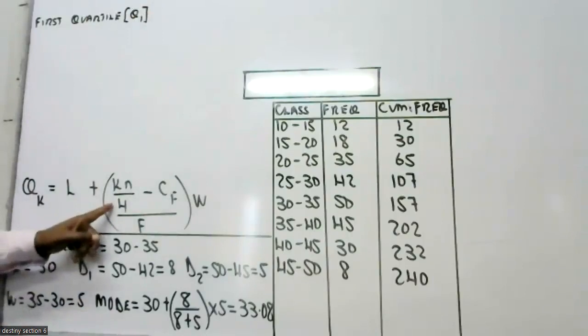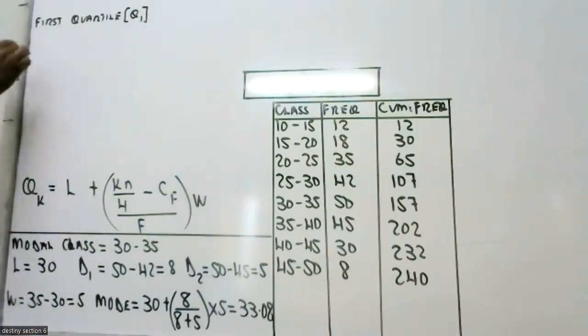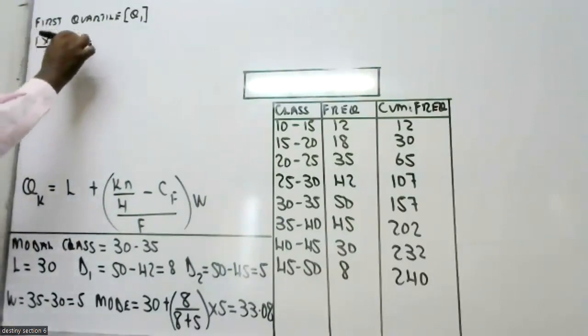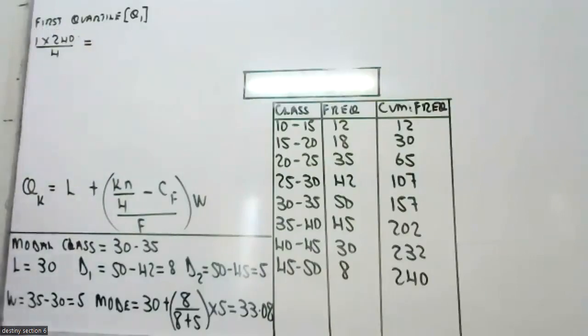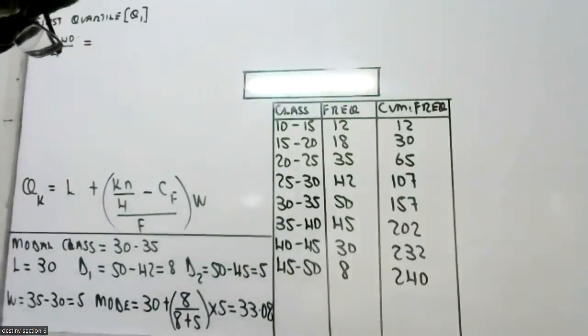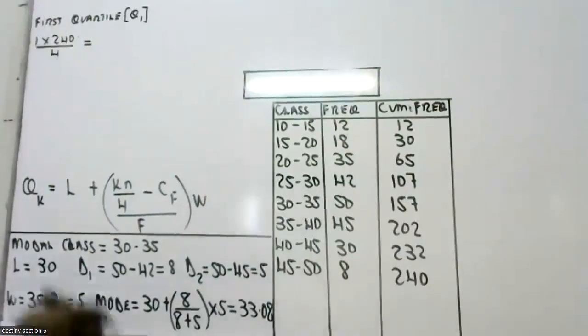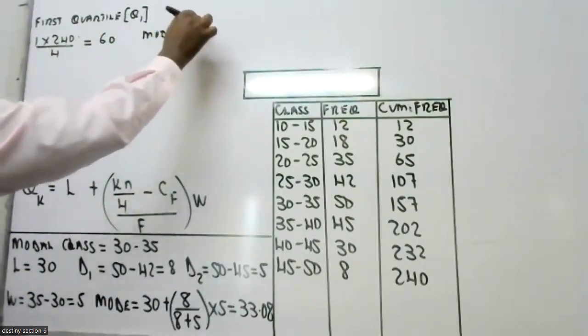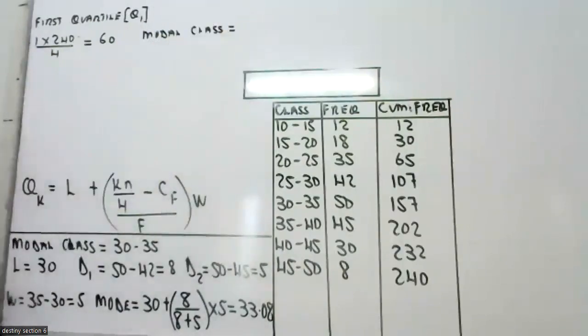According to this formula, I'm supposed to say 1 times n. N is 240. And then I divide by 4. So 240 divided by 4 is 60. So if I get that, it tells me that my model class, not model class, sorry, is the quartile class.